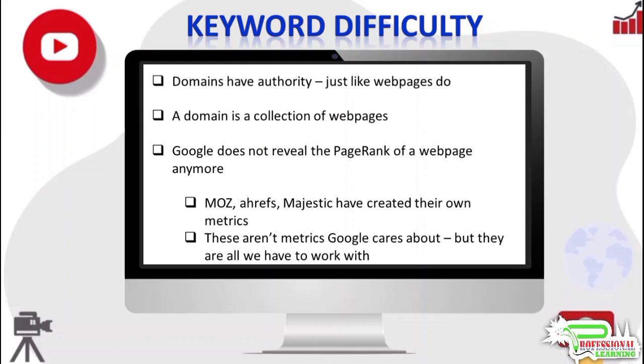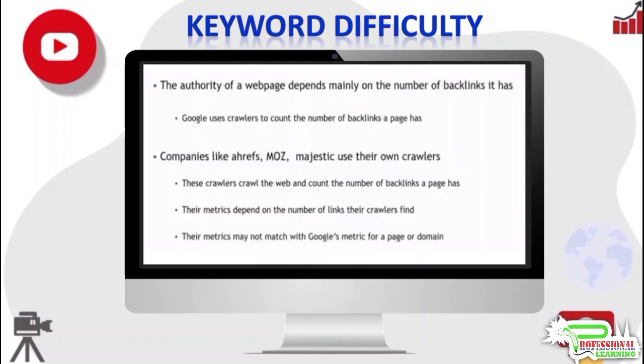The authority of a web page depends primarily on the number of other web pages that link to it. So these companies have crawlers that go out into the World Wide Web and try to find all of the web pages that link to and are linked from any particular web page. The metrics they report depend primarily on the number of links their crawlers are able to find.